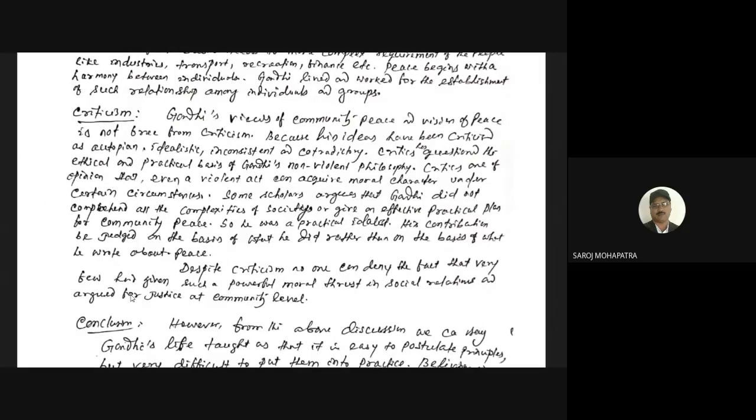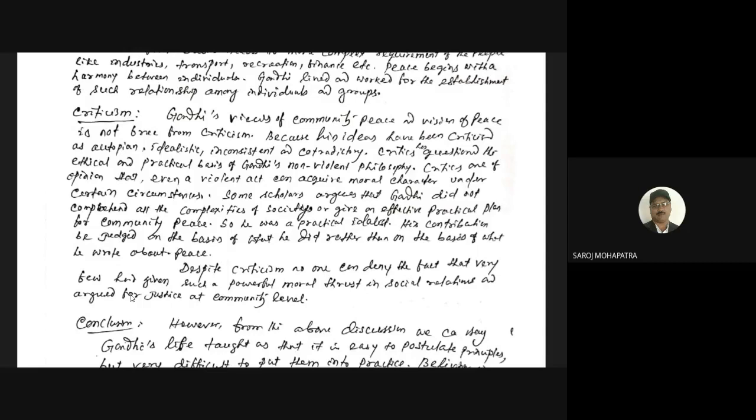Critics are of the opinion that even a non-violent act can acquire moral character under certain circumstances. Some scholars argue that Gandhi did not comprehend all the complexities of societies or give an effective practical plan of community peace.